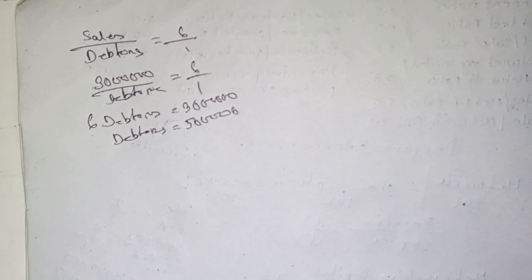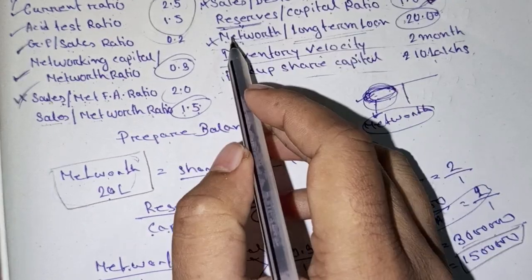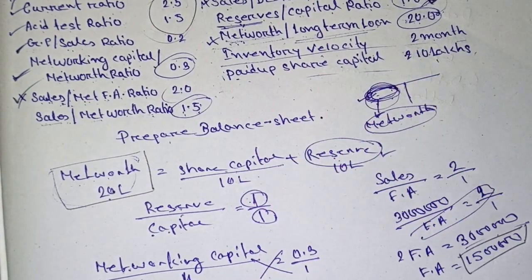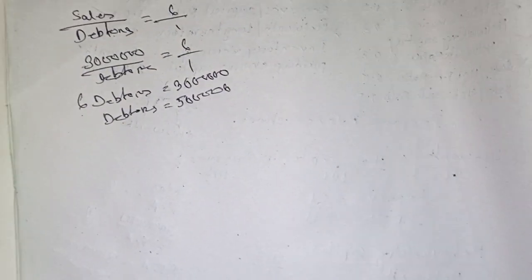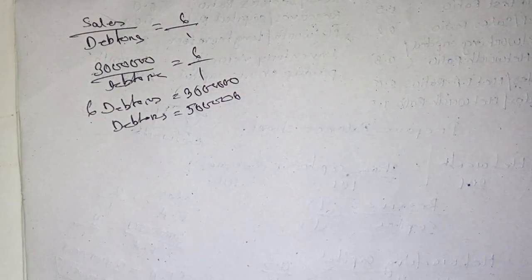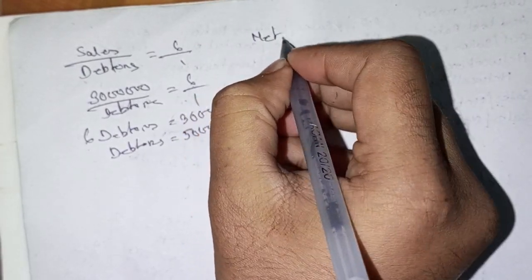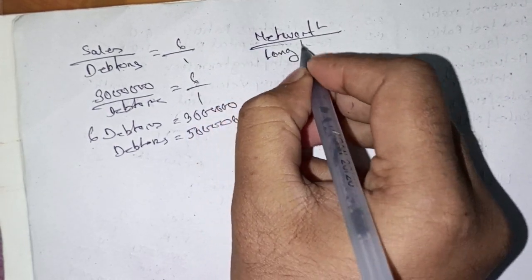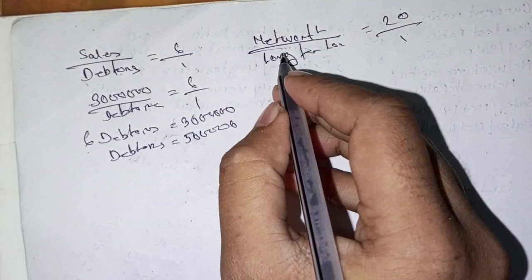Okay, then net worth to long term loan. Net worth by long term loan is 20. Write it here: net worth by long term loan equal to 20 by 1. Net worth, how much?